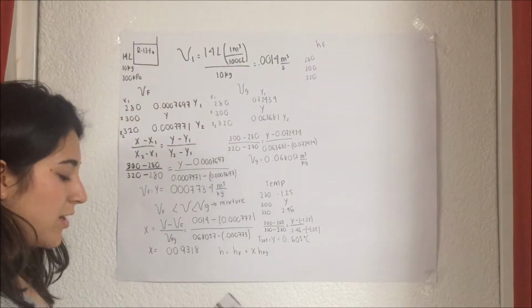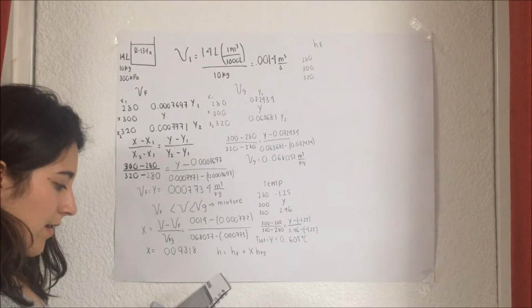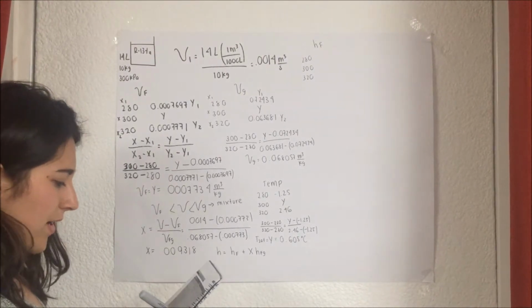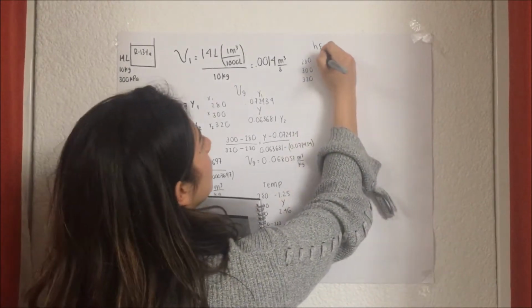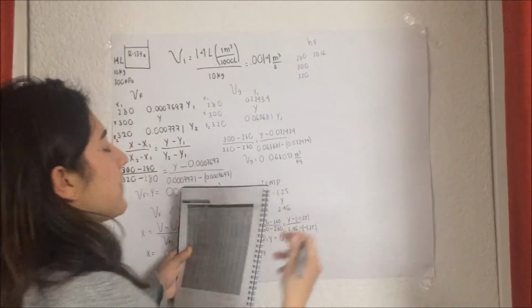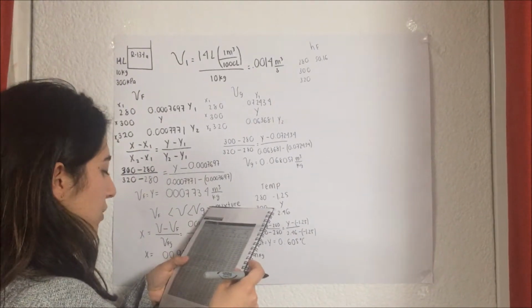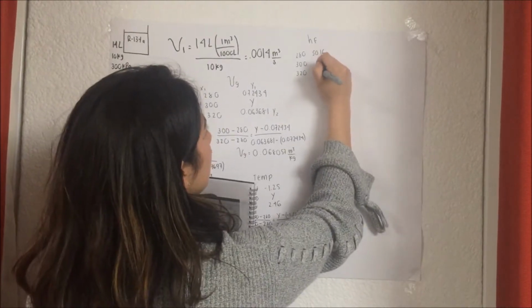In table A12, the hf for 280 equals 50.16, and for 320 equals 55.40.